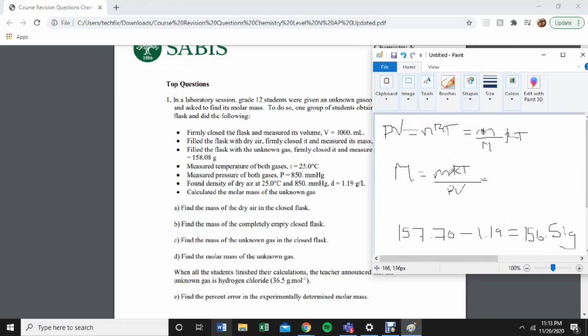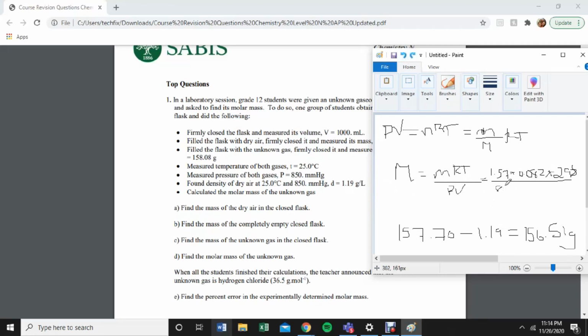R is 0.082. Temperature, they gave it to you, 25 degrees Celsius, you change it to Kelvin. Actually, I'll just write this down for you guys. It's 1.57 times 0.082 times temperature, which is 25 plus 273, which is 298, over pressure, which is 850 millimeters of mercury, so you change it to atmosphere.